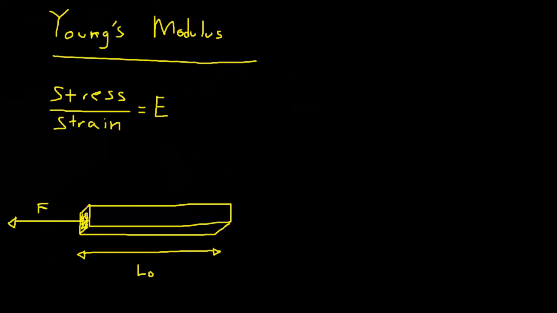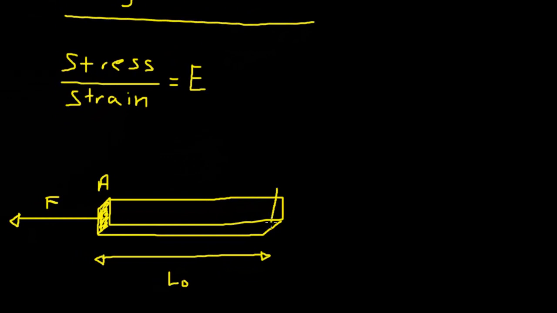So this square cross-sectional area, which is A. Now this block is fixed. Let's fix it to this rectangle over here, so this whole block can't move, but it can stretch.